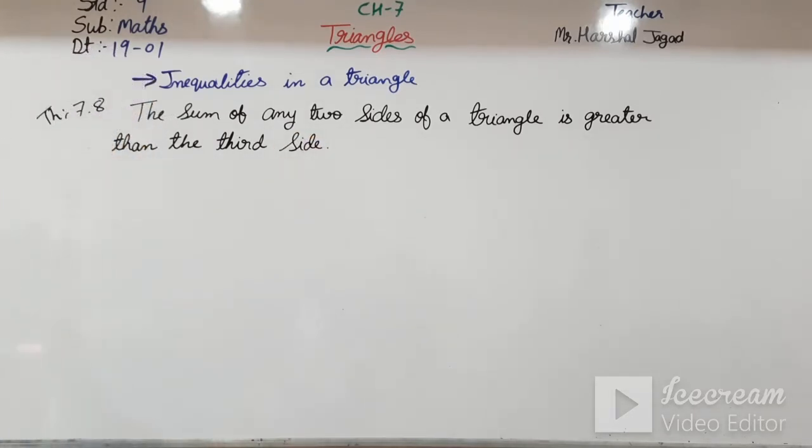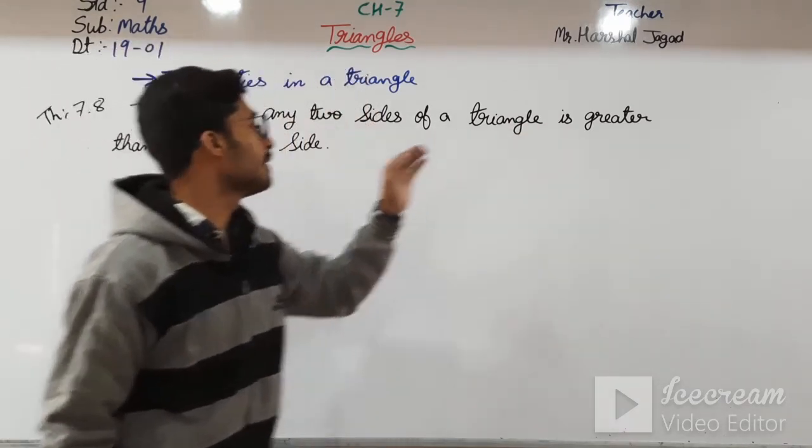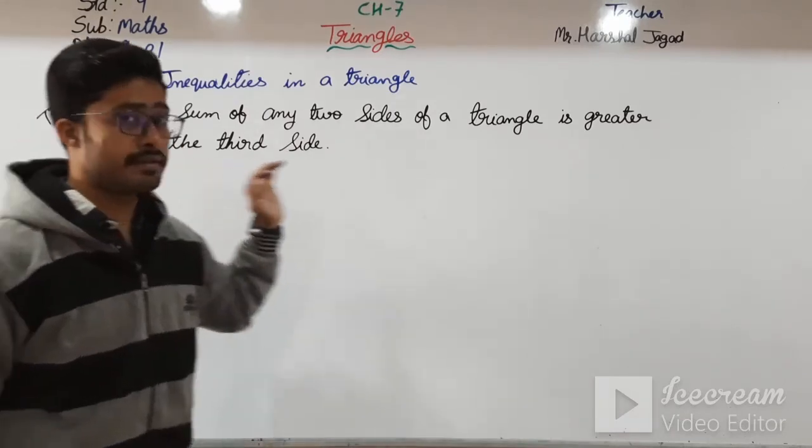Okay. Now in this theorem, that is 7.8, the sum of any two sides of the triangle is greater than the third side.